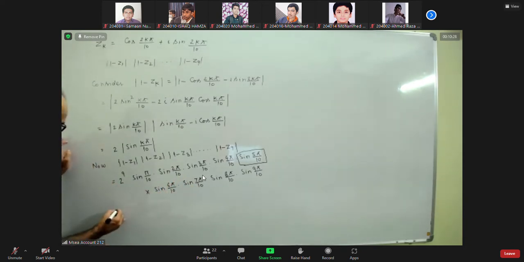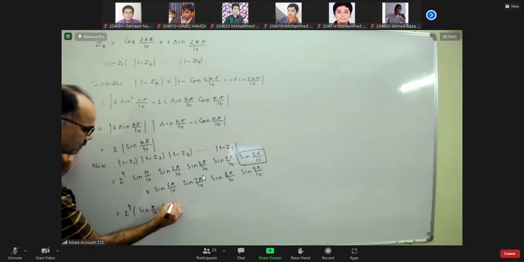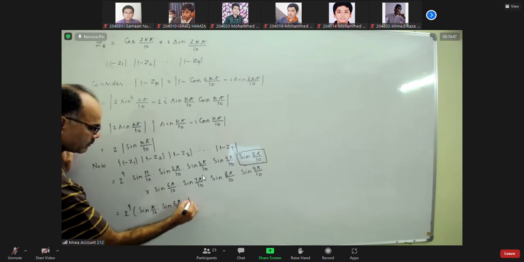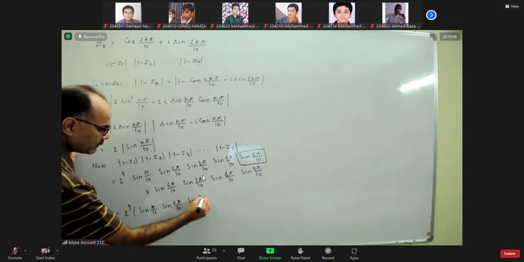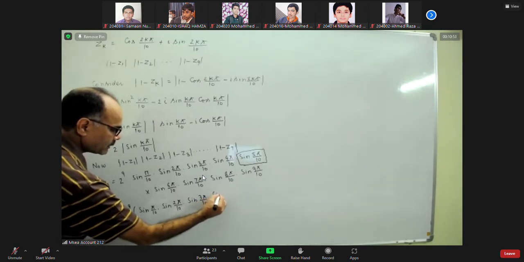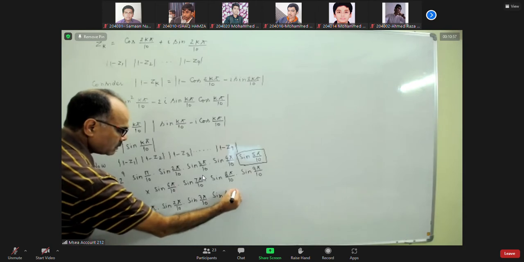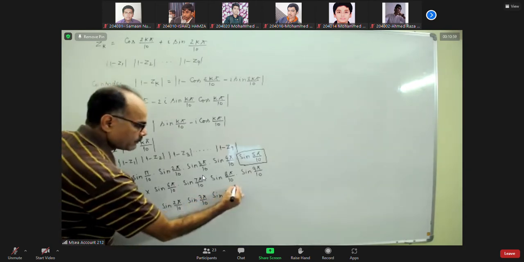This quantity is 2 to the power 9 into sine pi by 10 into sine 2 pi by 10 into sine 3 pi by 10 into sine 4 pi by 10. Whole square.